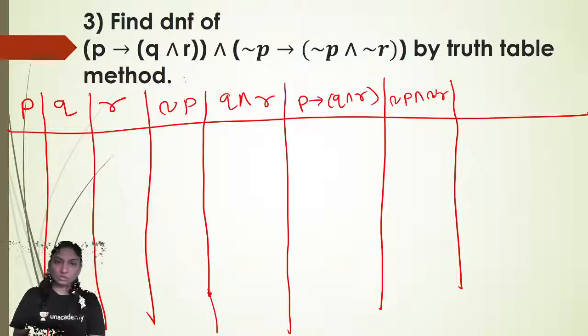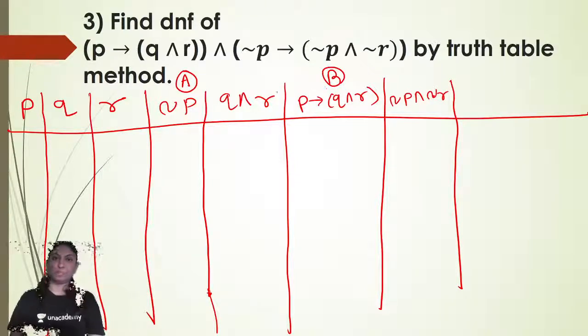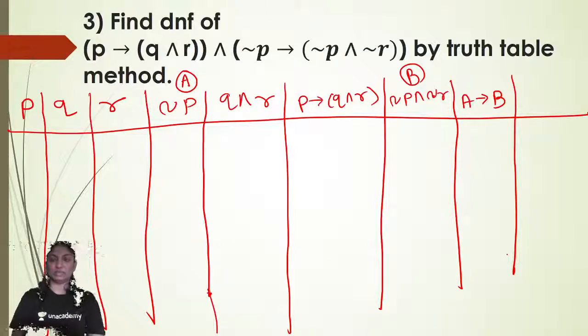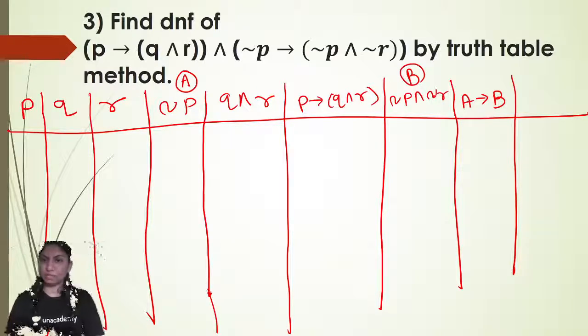So what I will do, this is A, this is B. Okay, so negation of P implies negation, sorry, here is B. So A implies B. Instead of writing the whole statement, I'm writing this as it is. A implies B: A means negation of P implies negation of P and negation of R. So A implies B here.